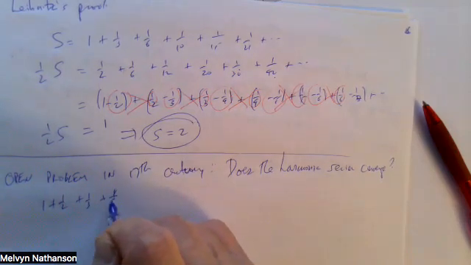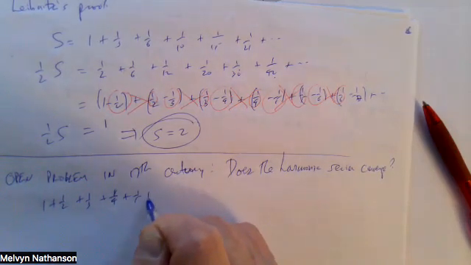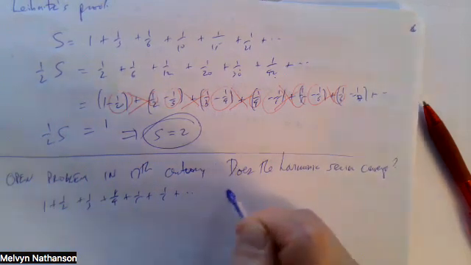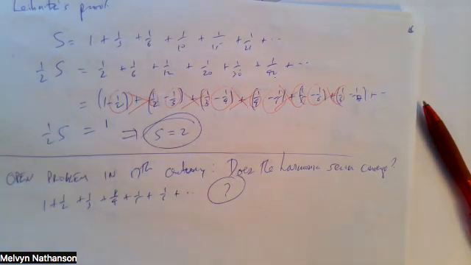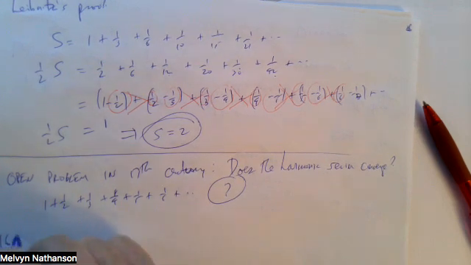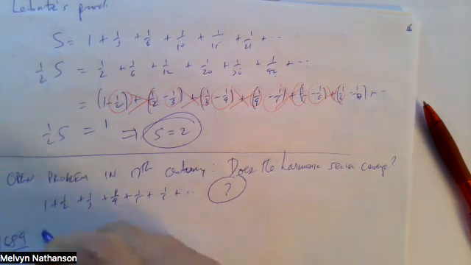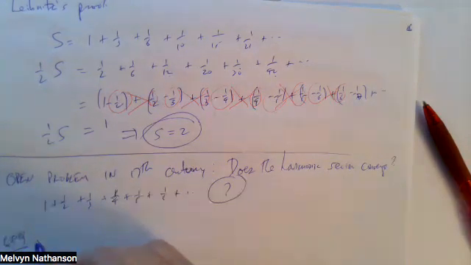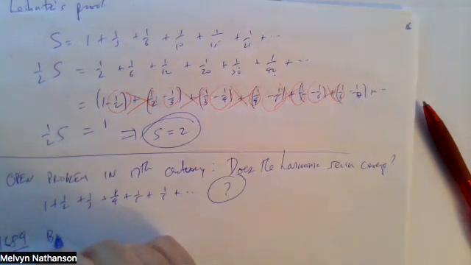So now you're taking the reciprocals of all of the integers. Does that series converge or diverge? And the following was the argument that one of the Bernoulli brothers made to solve this problem. This goes back to the 17th century, 1689, Bernoulli.